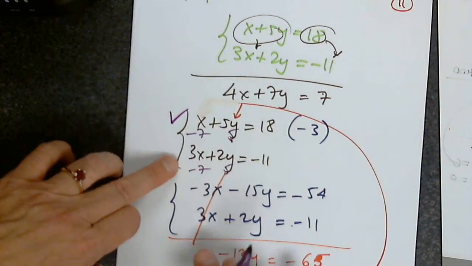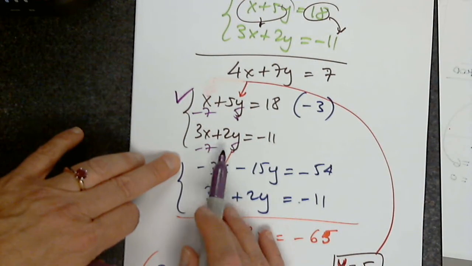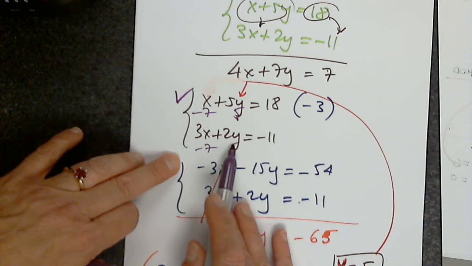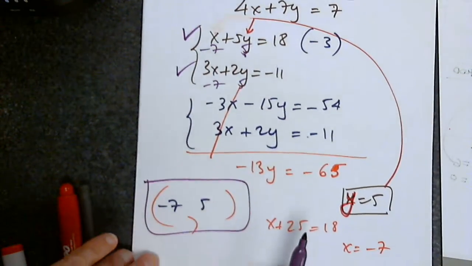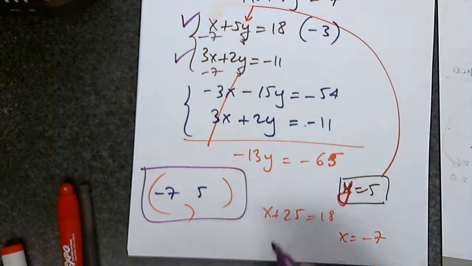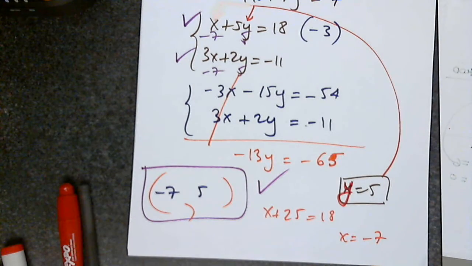Yes, that is true. Negative 21 plus 10 is negative 11. That is true as well. So I know that this is it. Consistent system, I checked. Consistent system, independent equations, unique solution.